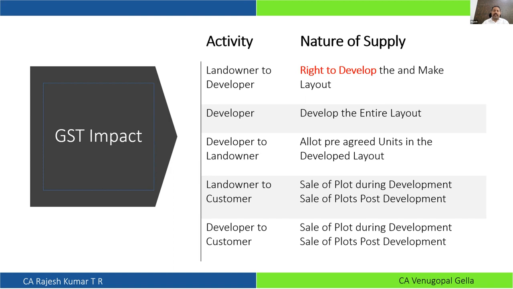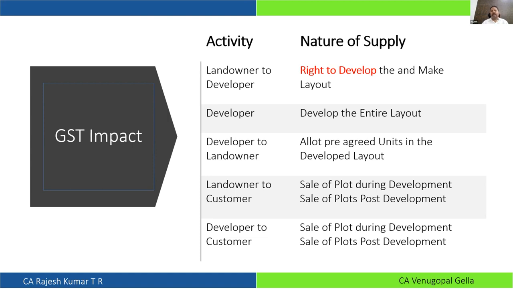On the other hand, left, right, center, the government clarifications, departmental action and notification wordings are coming out clearly to envisage your understanding that there is a supply, called development right, which gets transferred when there is a joint development agreement entered into by the landowner with the developer, and that right is getting transferred from the landowner to the developer.